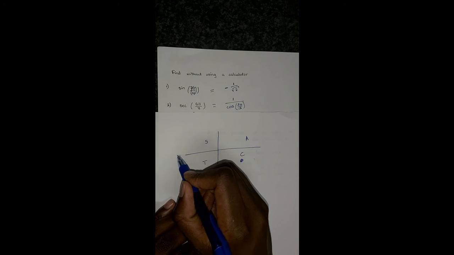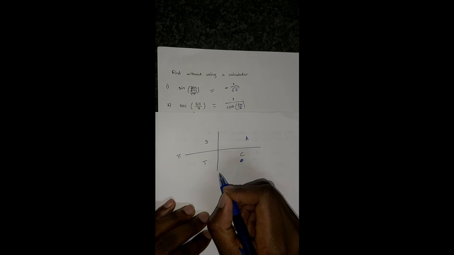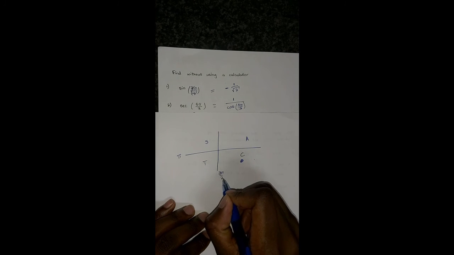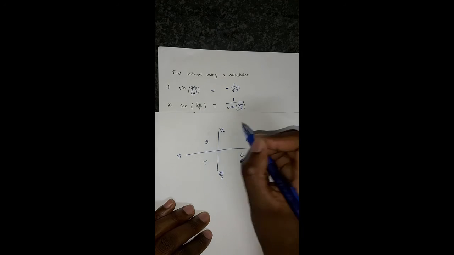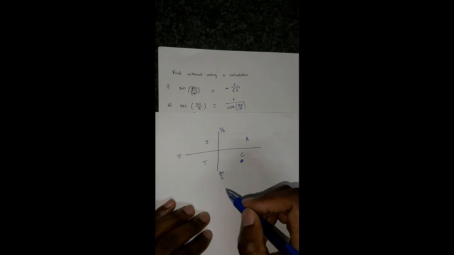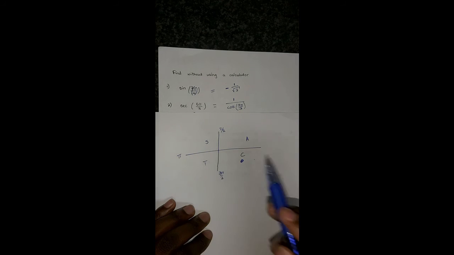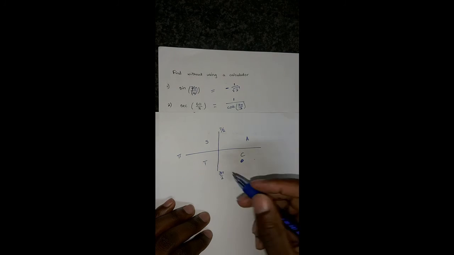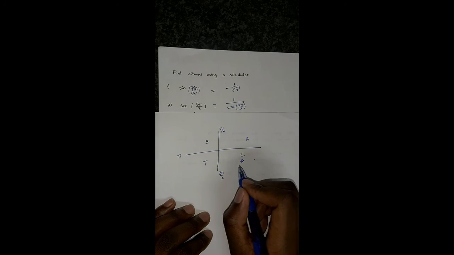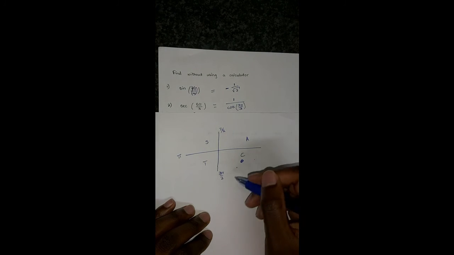Now to check where 5 pi over 3 is going to be, over here we have pi, and then here we have 3 pi over 2 and pi over 2. So 5 pi over 3 is greater than pi, and also greater than 3 pi over 2, so it's in this quadrant, the fourth quadrant.